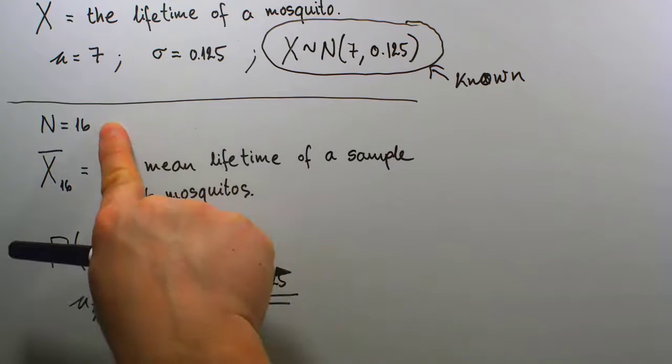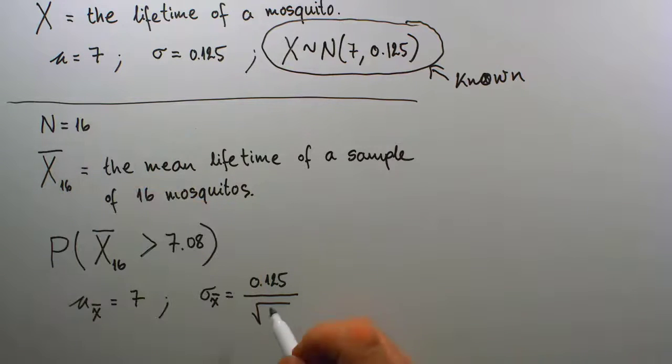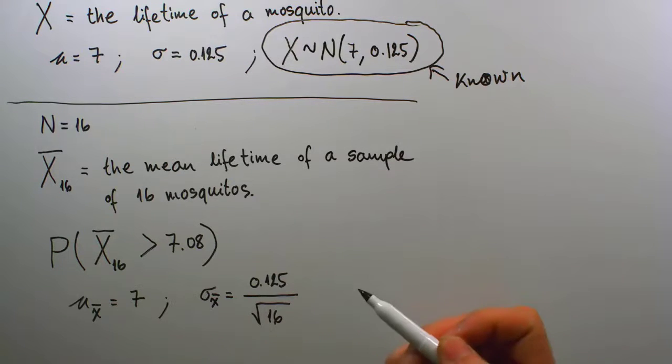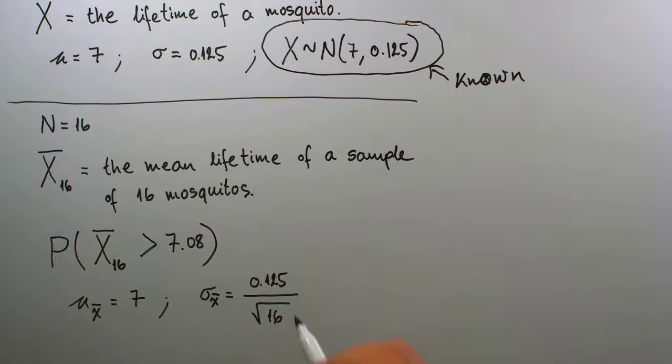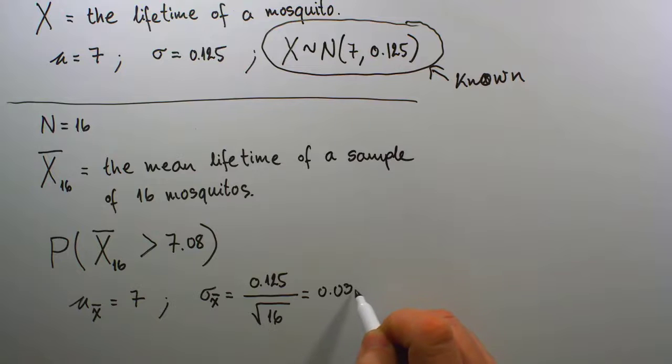Since our sample size here is 16, we divide by the square root of 16. So sigma x bar makes it clear that we're working with a different problem from part A. The calculation comes out to be 0.03125.